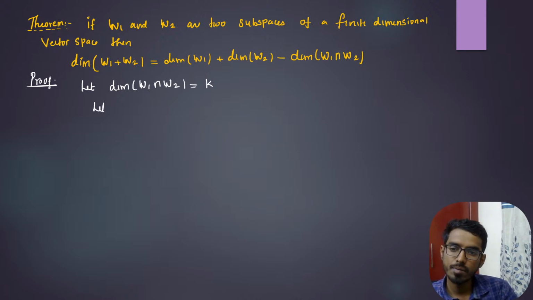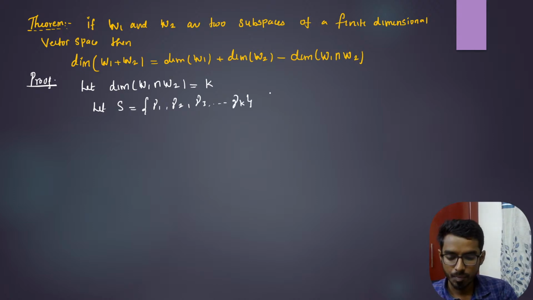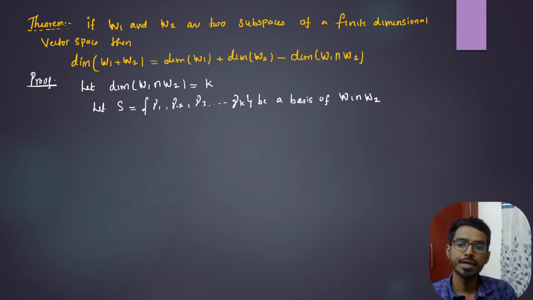So let us take S equal to gamma 1, gamma 2, gamma 3 and so on up to gamma k, a basis of W1 intersection W2, right? I assume this dimension is k, that means it has k elements in the basis.